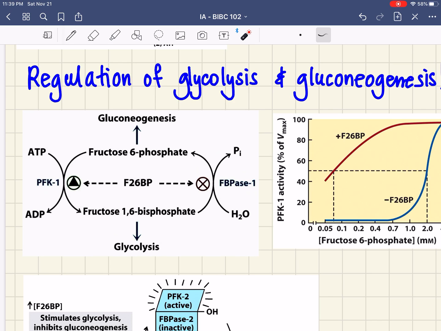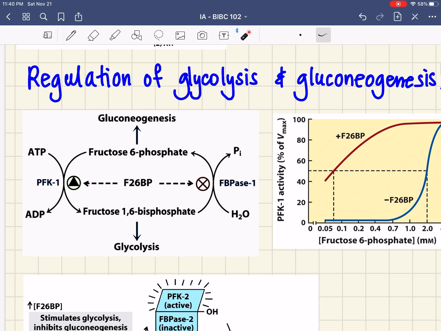So logically speaking, which helps most of the time, when there is fructose 2,6-bisphosphate, it means there is glucose present. This means that glycolysis is going to be favored because we want to break down that high level of glucose. So you see how the presence of F26BP activates the enzyme that allows glycolysis to go on. Okay?